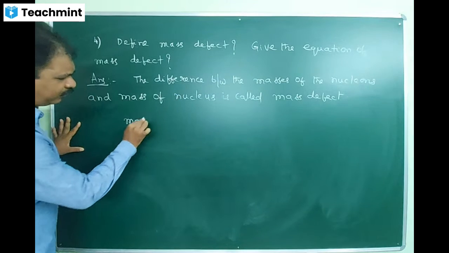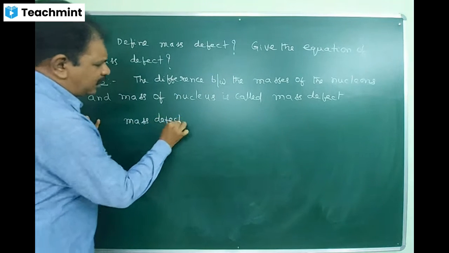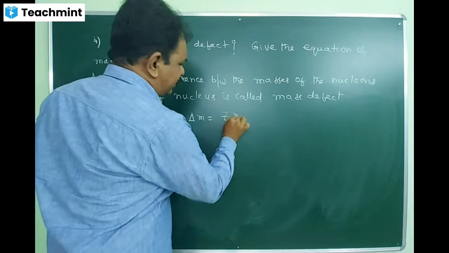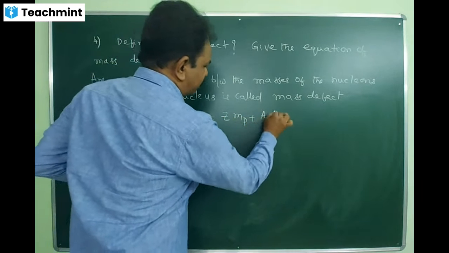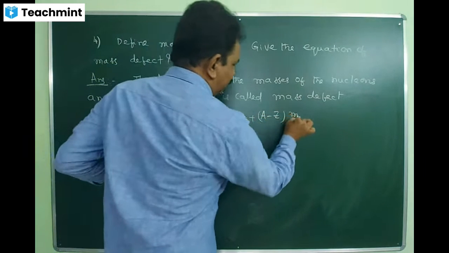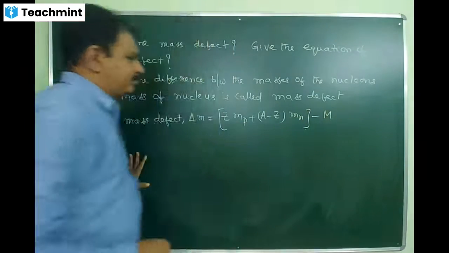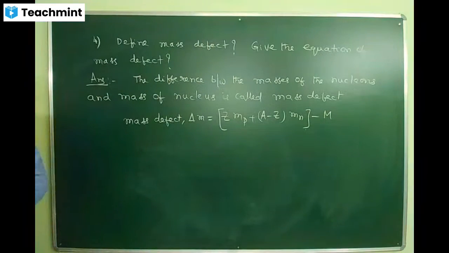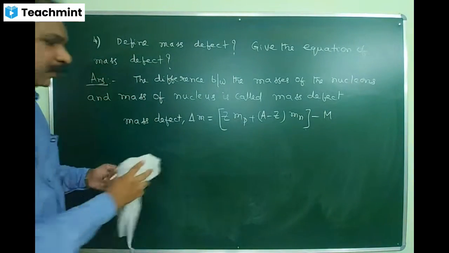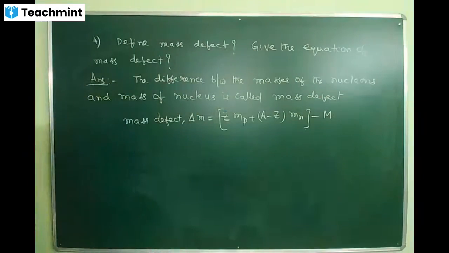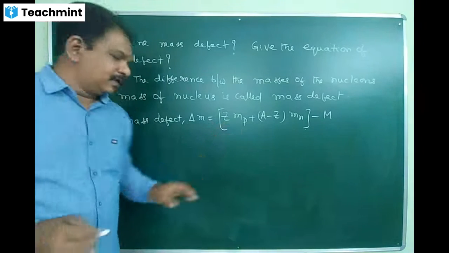So mass defect formula, mass defect delta M is equal to ZMp plus (A minus Z) into Mn minus capital M. Mass defect formula: ZMp plus (A minus Z) into Mn minus capital M. That is the formula for it. Then, what are the terminology in that?